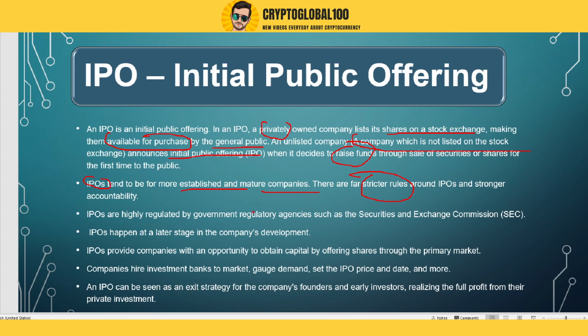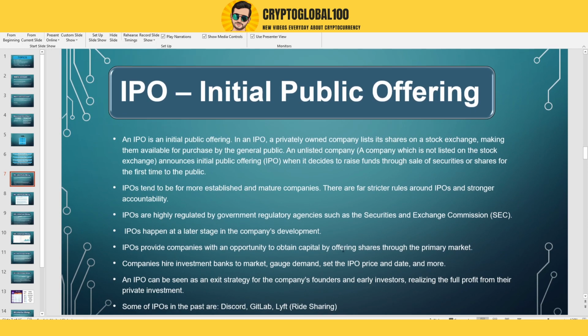IPOs are regulated by agencies like the Securities and Exchange Commission. They are licensed and registered by the SEC, and it happens at the later stage of the company's development. Company takes it as an opportunity to obtain capital by offering shares through the primary market.